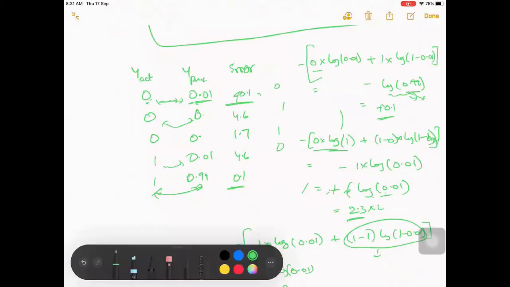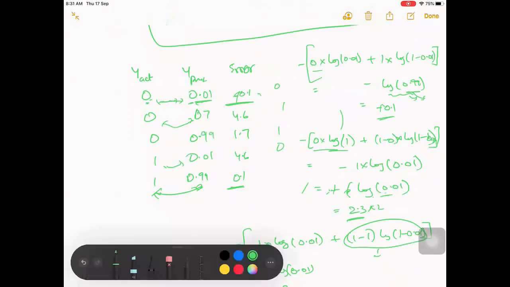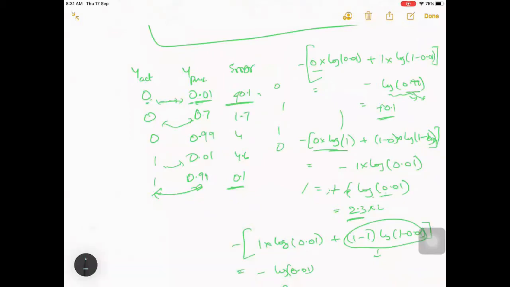When it is 0.7 and 0.99, these values are 1.7 and 4.6. If you see this difference, it is almost less, but here it has increased more, and here it has increased even more. So as your difference is increasing, your error value is increasing.